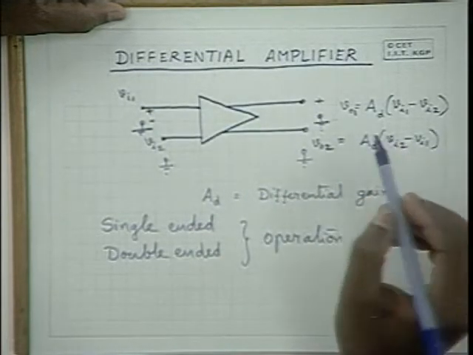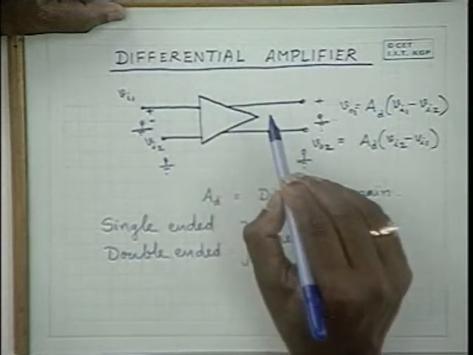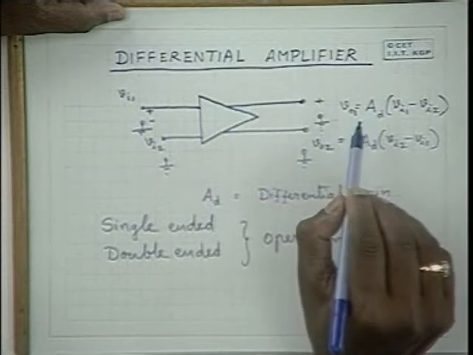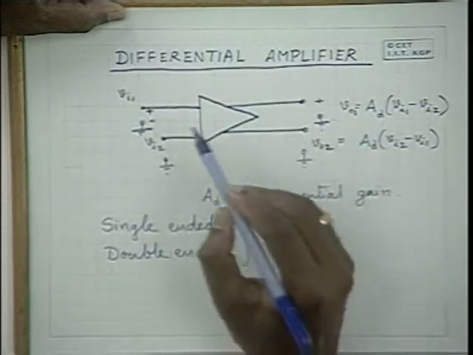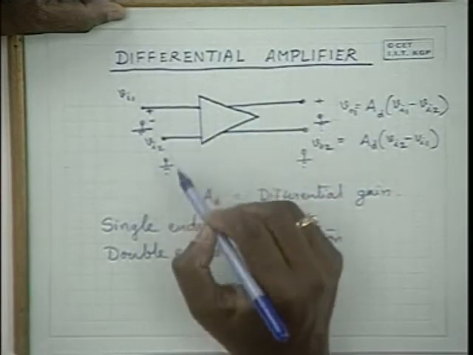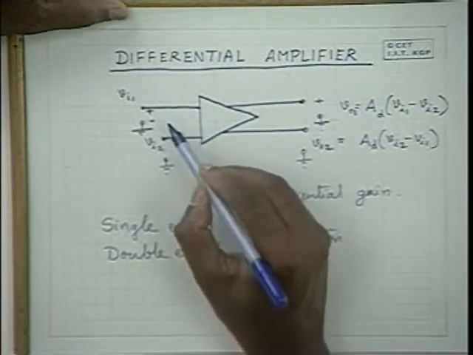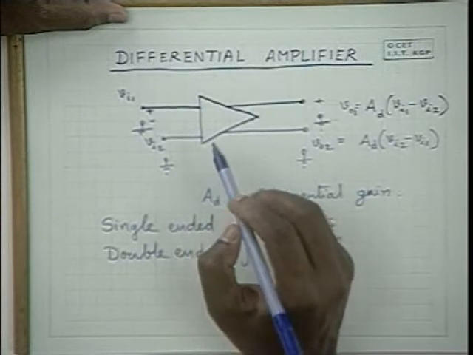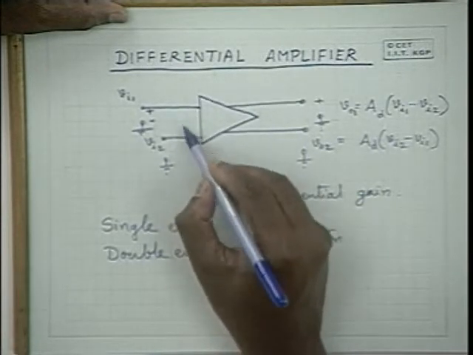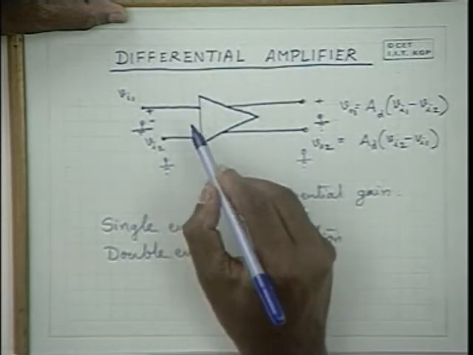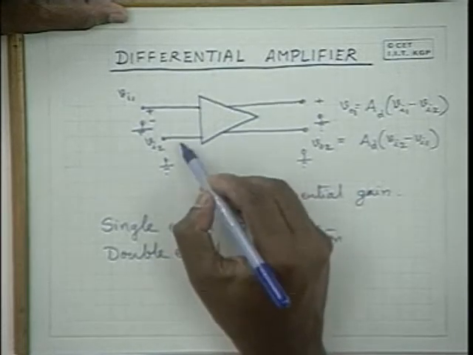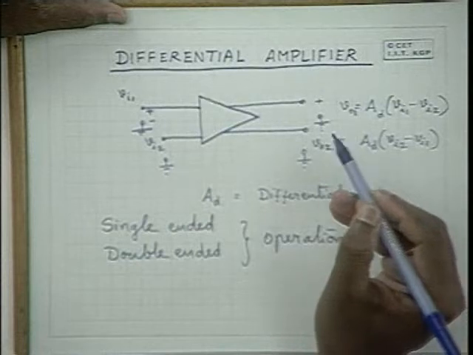But in practice, differential amplifier circuits exhibit some amount of amplification for the common mode signal also. The common mode signal is defined as the average of both the inputs. If this is 1 volt and this is 1 volt, the common mode signal is 1 volt. And if this is 10 and this is 10, the common mode signal is 10 volts.